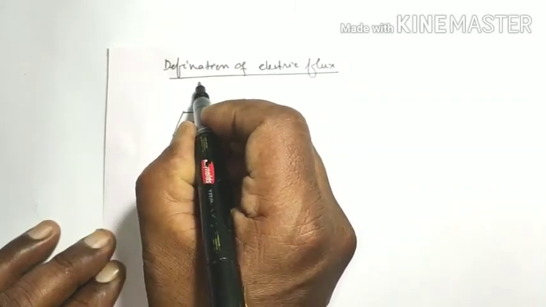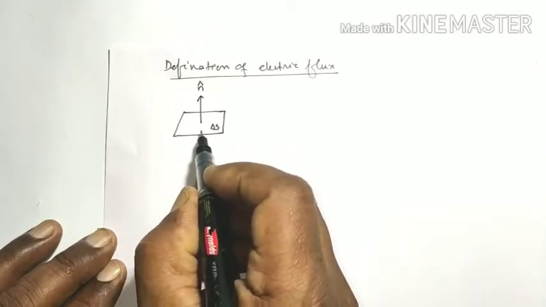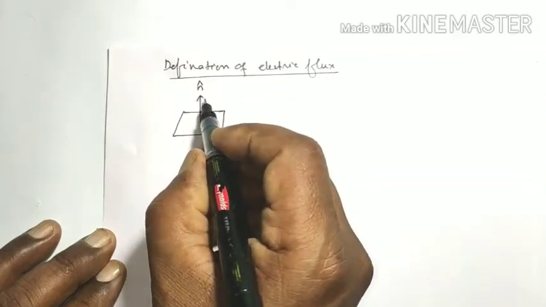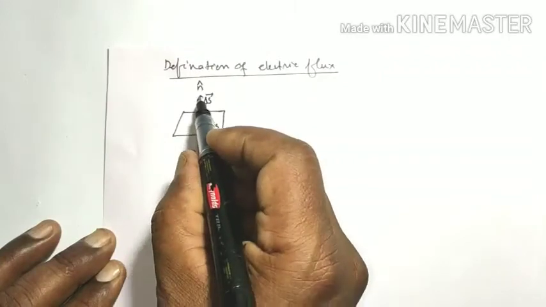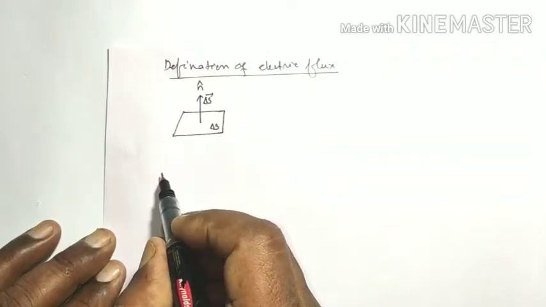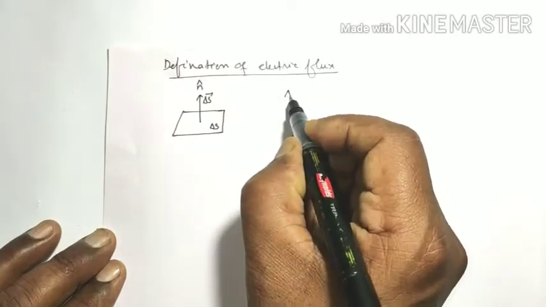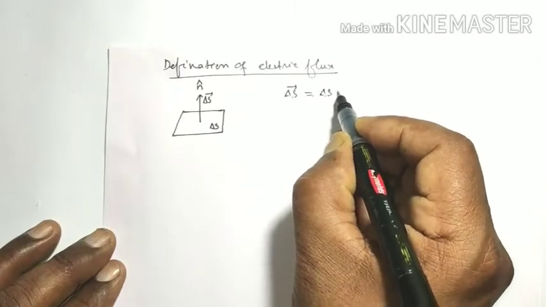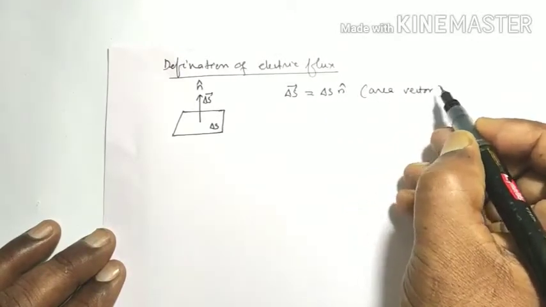This is the direction of a unit vector n cap, which is normal to the area, surface area delta S. And area vector is along this normal. The length of the area vector is proportional to the magnitude of the area. Delta S, area vector, is equal to delta S into n cap. This is area vector.